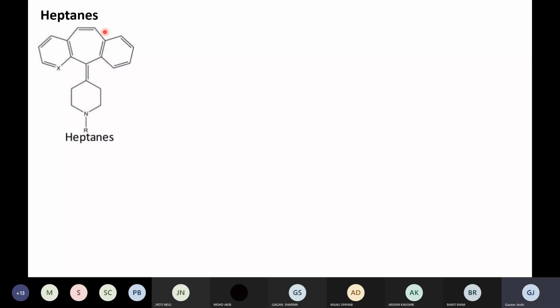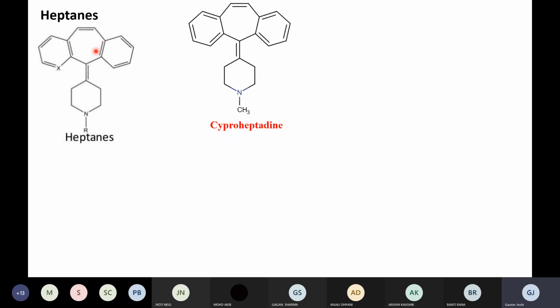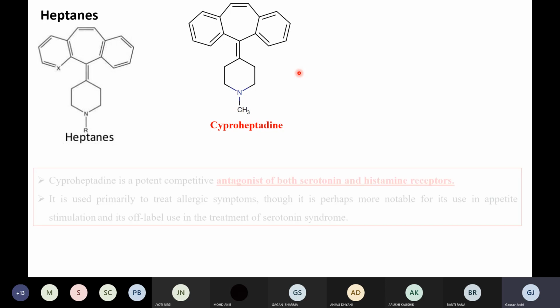So now you might have heard about this drug which I'm going to tell you: cyproheptadine. Has anybody heard about this drug? It is used basically as an appetizer. Why as an appetizer? I'll be discussing that.